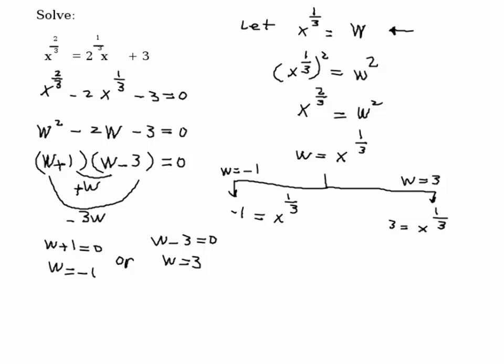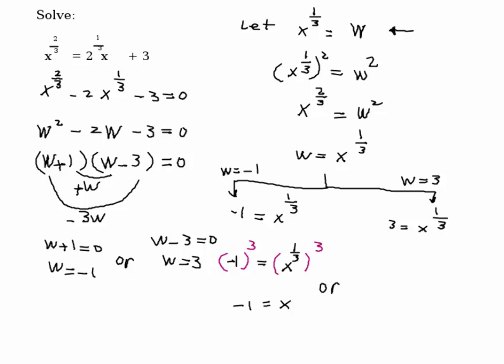If I raise this side to the power of 3, this side to the power of 3, I can do that. Because here I have minus 1. Here I have x to the 1/3 times 3 over 1, which would be 1. So it would be x is equal to, what is negative 1 to the power of 3? Negative 1.